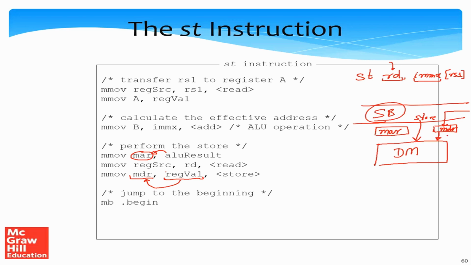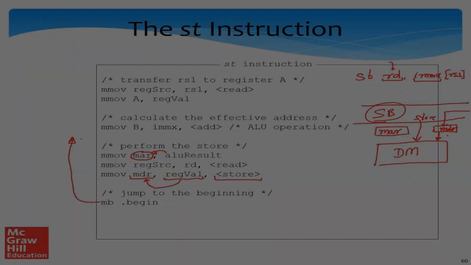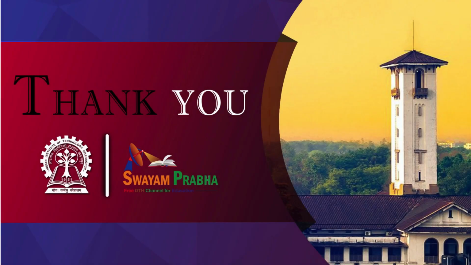Since the rest of the arguments are all there, we can in parallel initiate a store operation via the args field, and that will store the data to the data memory. Then we are done. We just have to jump back to the beginning of the preamble for the next simple RISC instruction.